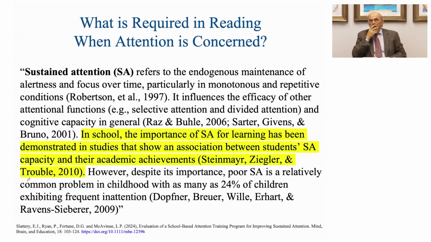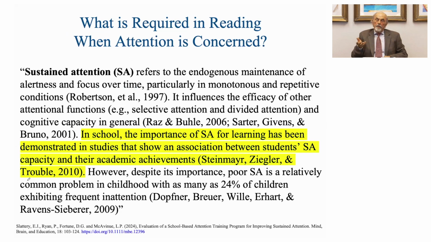So what is required in reading, and when is attention concerned? In this study, it's just a quick quote, and I've highlighted on what's going on in school to make the point a little bit further. The importance of sustained attention for learning has been demonstrated in studies that show an association between students, their sustained attention capacity, and academic achievements.